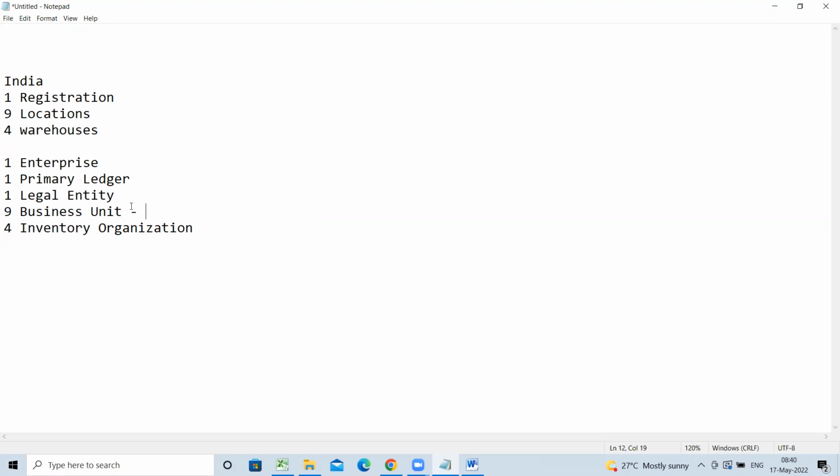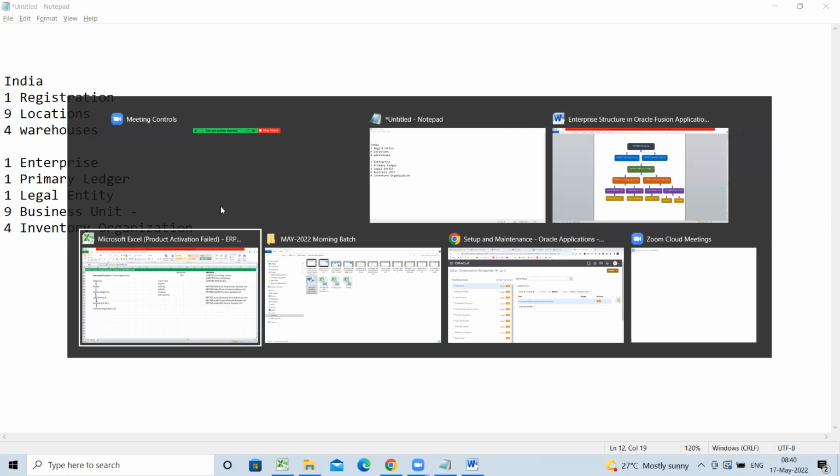In 9 locations, each location they are doing the 2 businesses, so 18 business units. If you go with 18 business units, at the 18 business unit level you will be able to do all this, which we discussed in the last session.